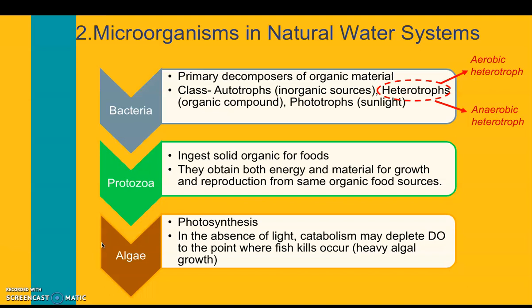The final one is phototroph, bacteria that use sunlight as an energy source and inorganic substances as a material source. Among these three types, heterotrophic bacteria are the most important in the degradation of organic material. So we'll see a lot of this one.